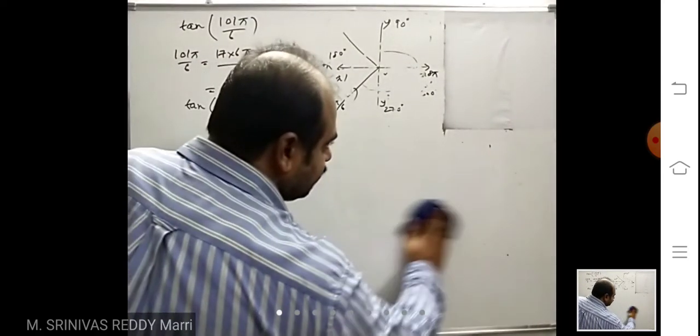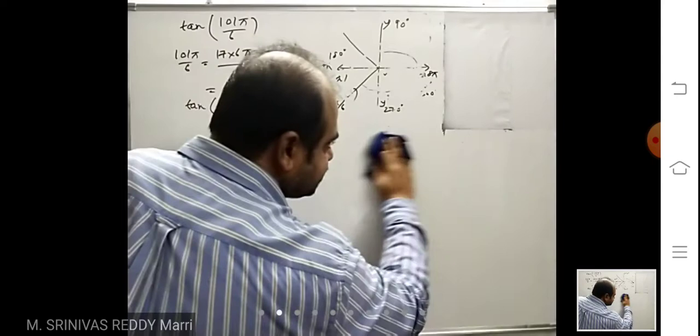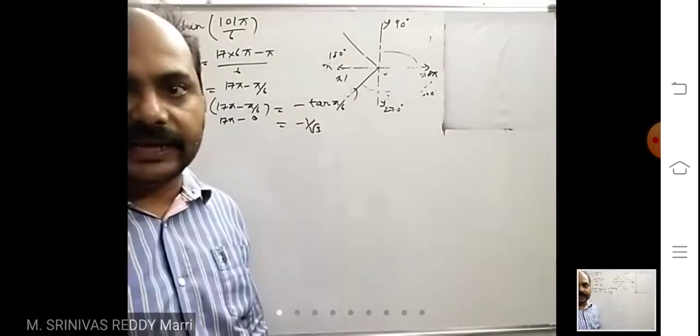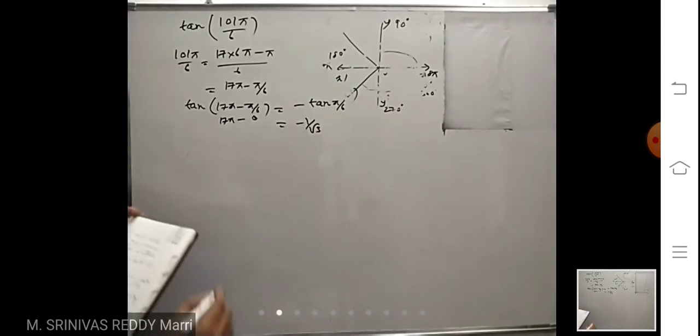These are called reduction formulae. That means whatever the tabular angles you know, we will convert into those tabular angles, like 180 plus theta, 360 minus theta. Like that, take one example.